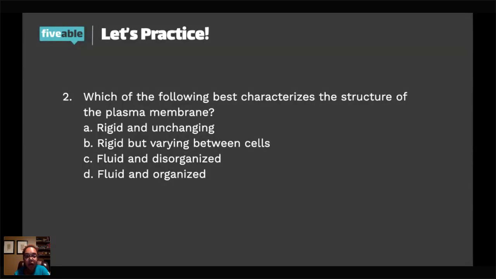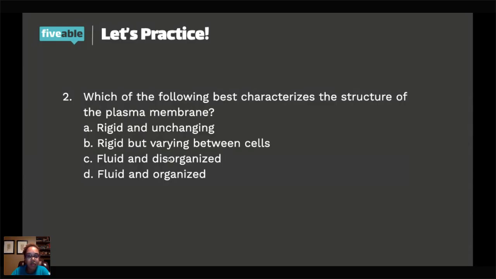Fluid, obviously, given in the name fluid mosaic model, is going to tell you that it's not A or B. So you have it down to C and D. And it's going to be D because it is organized. It's not disorganized. Even though they're all floating and kind of moving, it's still organized. Each thing still has a specific function and specific place within the cell membrane.